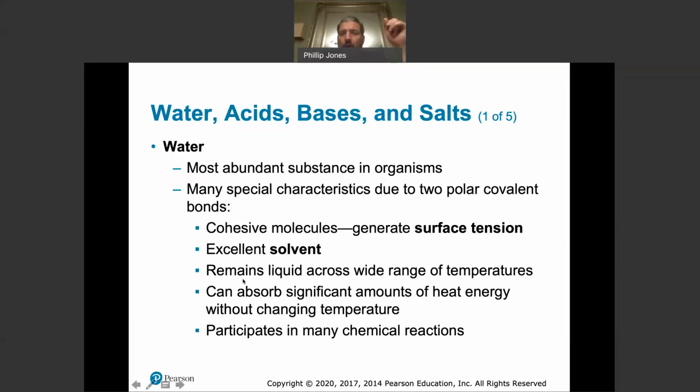It remains liquid across a wide range of temperatures. And once again, with your blood or water, you can throw a lot of heat in it. It'll absorb a lot of heat before it actually changes temperature. So it's one of its very, very unique properties too. Oh, here it is. It can absorb significant amounts of heat energy without changing temperature. It participates in many chemical reactions.